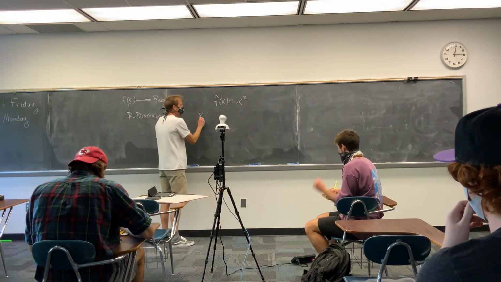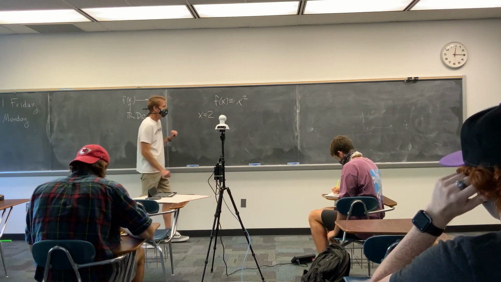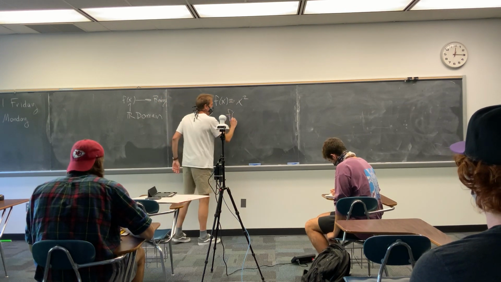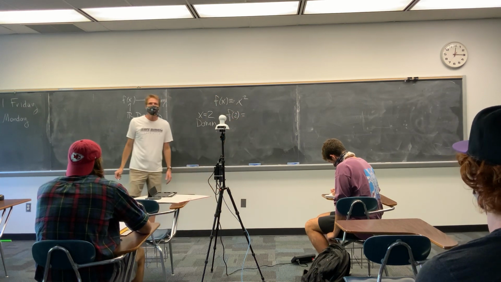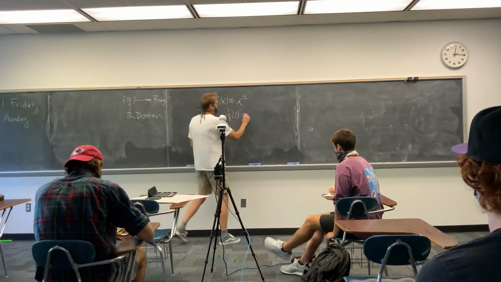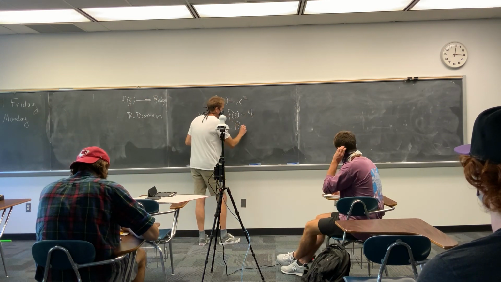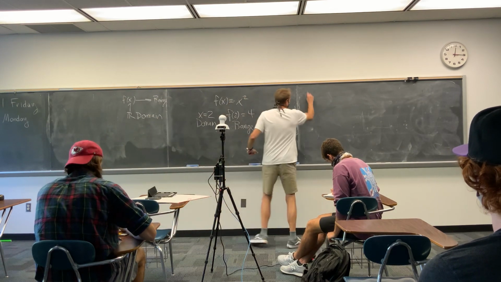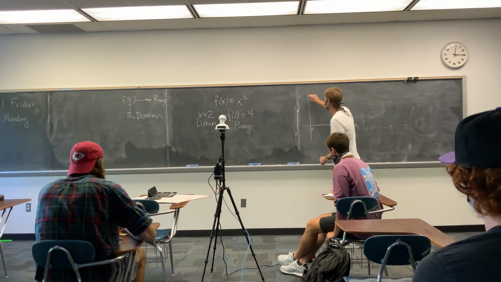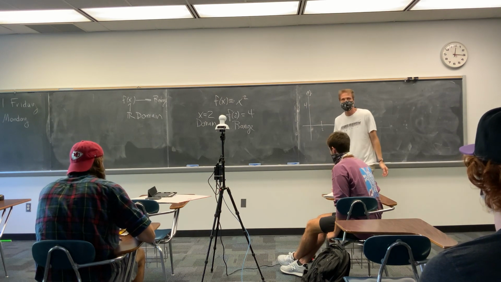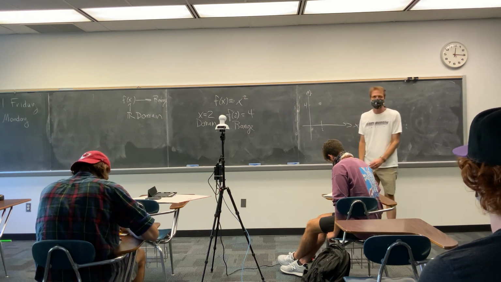If you pick x equals 2 in the domain, f of 2 is what value in the range? 4. Then you can plot that point on your function. x, y: over 2, up 4. There's a point on your function.